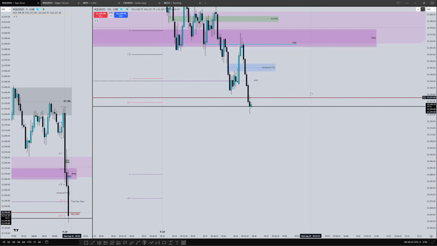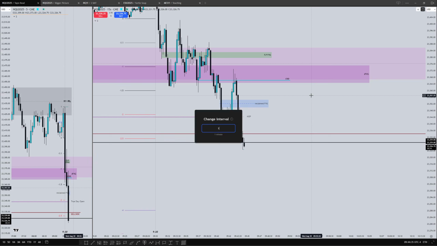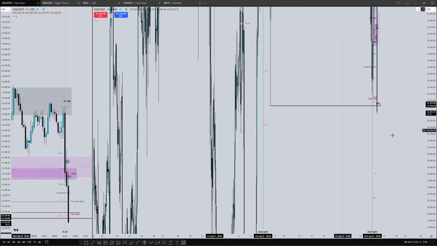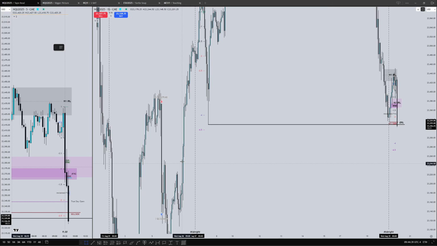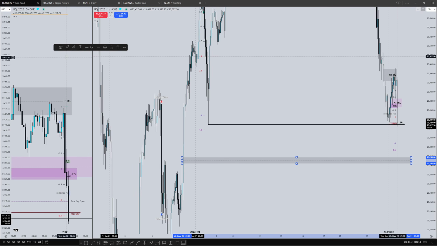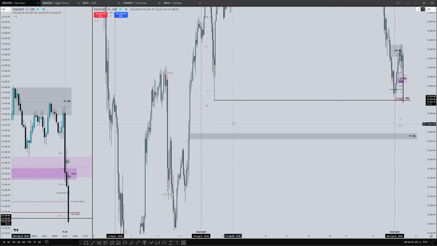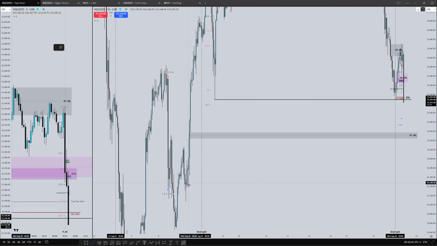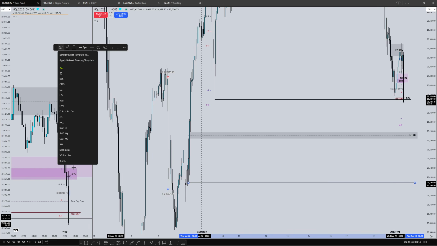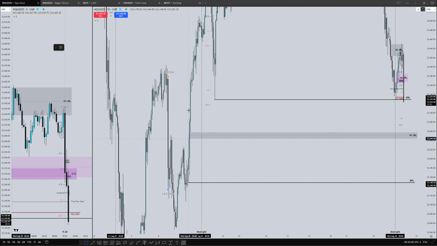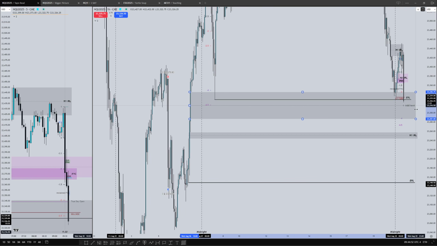And then you can look for the -4 and, like the other targets I had marked out, which would be quite far, but we also are relying on time. So it's currently 9:44. We're looking for our low to be placed after 10 o'clock. So we are trading within this larger inefficiency here, which is why I have not marked it out.